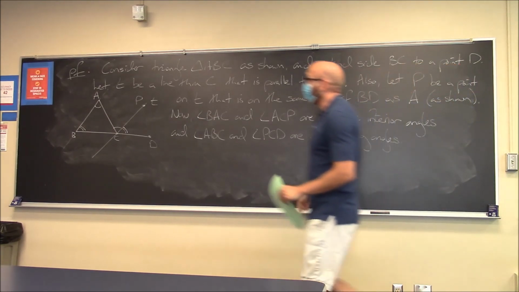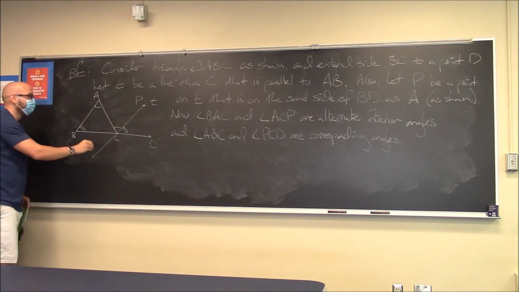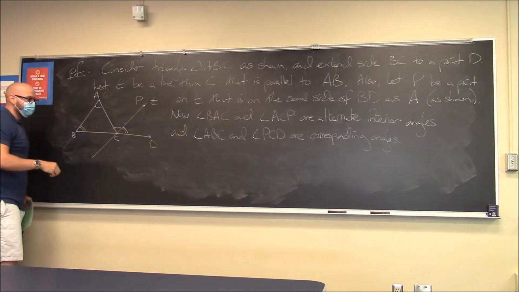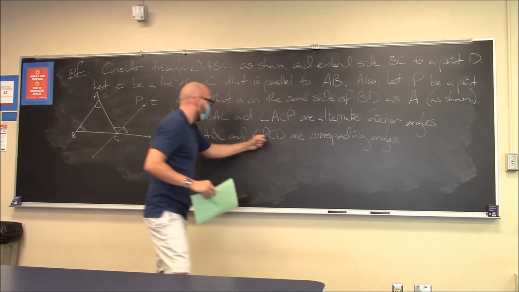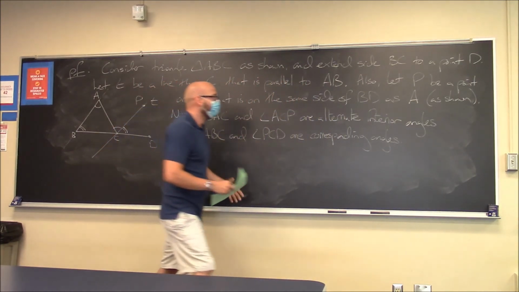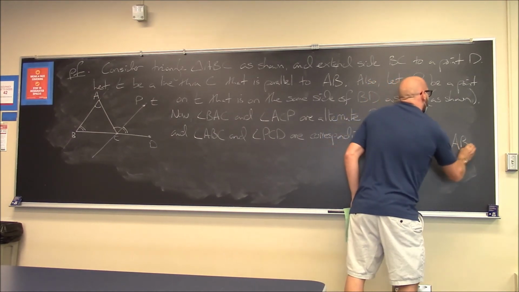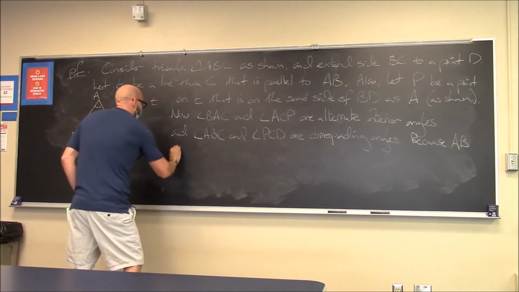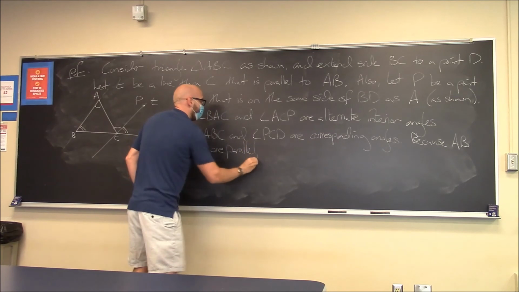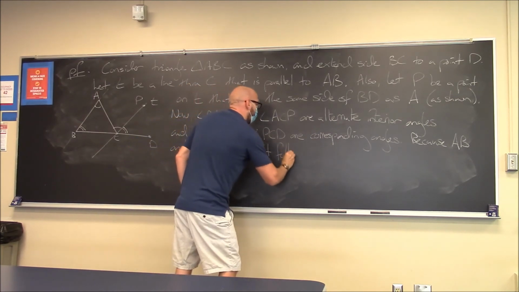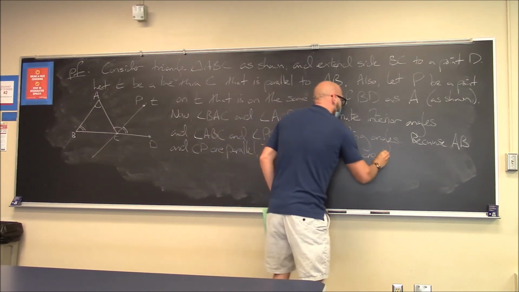So the conclusion is that because AB is parallel to PC, these pairs of angles that we've labeled are congruent to each other as pairs. Not necessarily that all of them are congruent. So because AB and CP are parallel, it follows that these are congruent pairs.